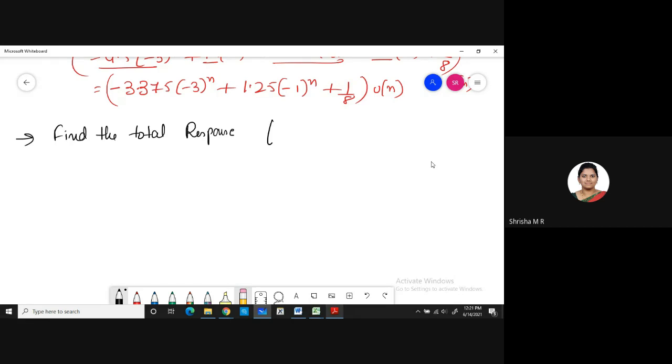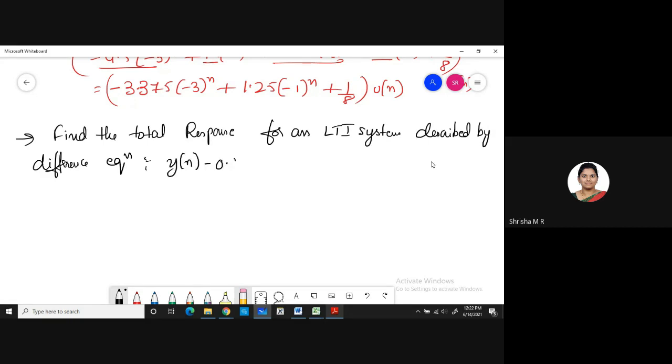Find the total response for an LTI system described by the difference equation y of n minus 0.9 into y of n minus 1 plus 0.2 into y of n minus 2 is equal to 0.5 to the power of n.